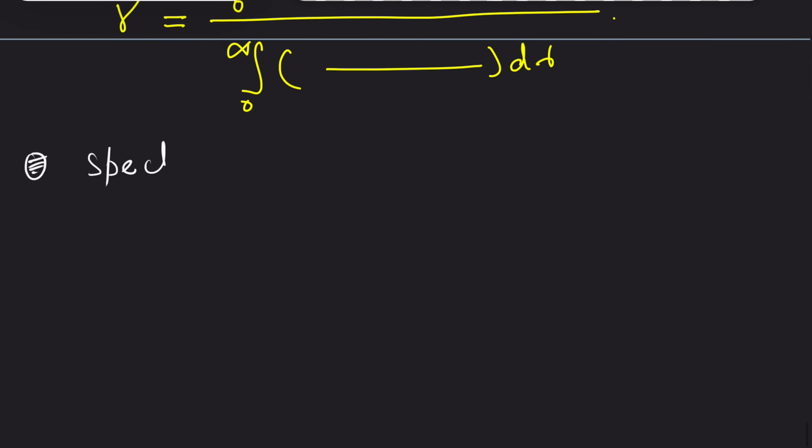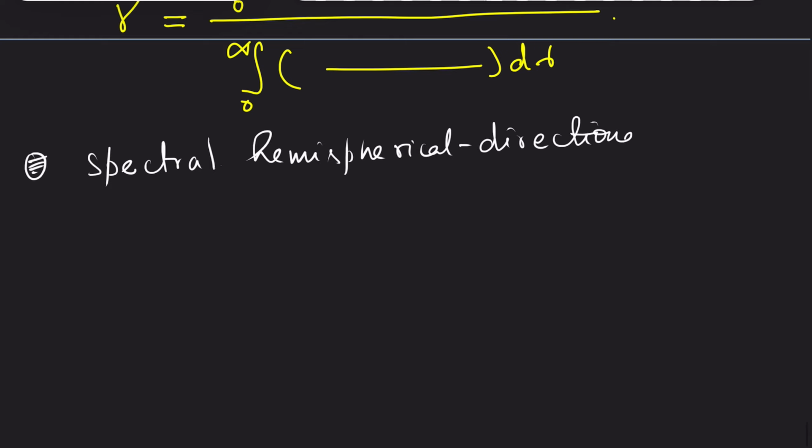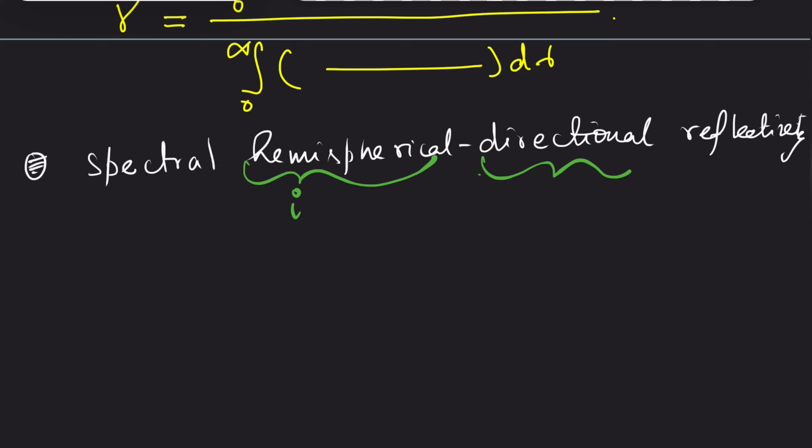the spectral hemispherical directional reflectivity. By definition, this talks about the incoming thing, and this talks about the reflected thing.